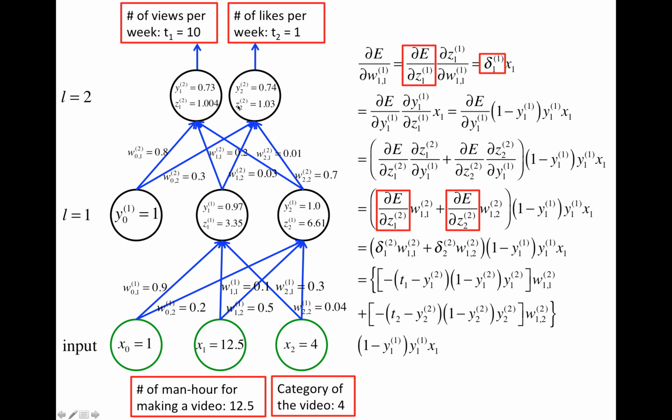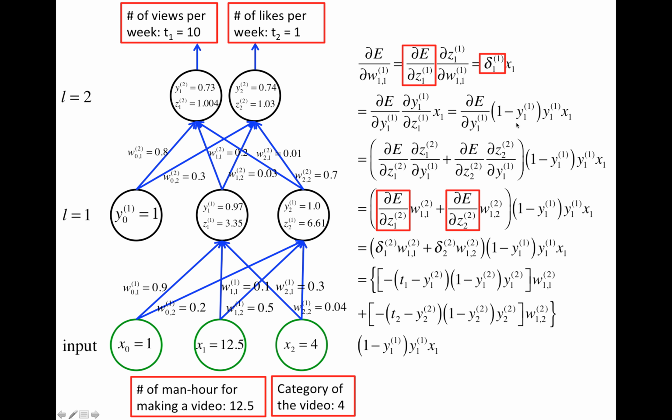Because E, the error E, depends upon Y21 and Y22, right? And Y21 depends upon Z21, Y22 depends upon Z22. So that means E depends upon Z21 and Z22. And both Z21 and Z22 depend upon Y11.